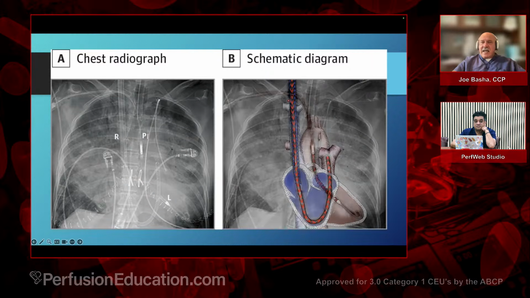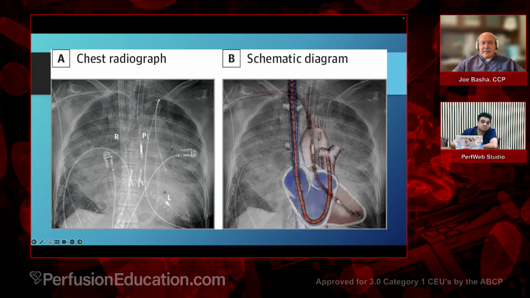This is what it looks like. A schematic drawing of what an X-ray would look like, and this is an overlay, so you can see the Impella coming in, and the tail of the Impella is here, and this is representative of this pigtail. You can see that pigtail here, and then you have this part here, which is what you see right here, and then you have the motor here, clearly above the aortic valve, which is what you see here.